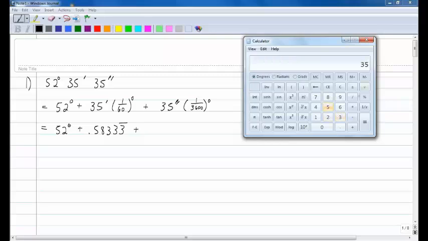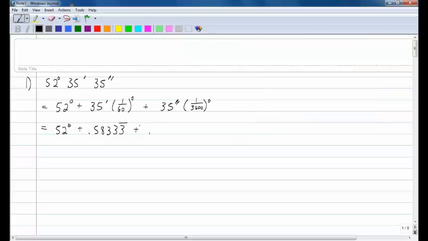So 35 divided by 3600, and that is 0.00972 repeating. I'm going to carry it out a couple places.